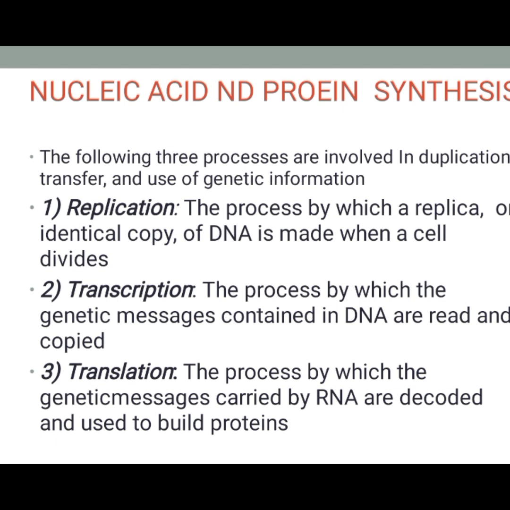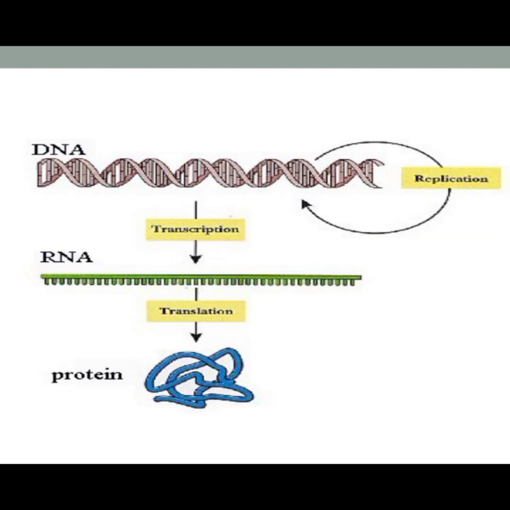That is, from replication a daughter DNA will form that will copy all the messages, and these copied messages are decoded by RNA. And the proteins will form. So the first step is that DNA will undergo replication and then transcription, and it will give the messages to RNA, then translation, it will form protein.